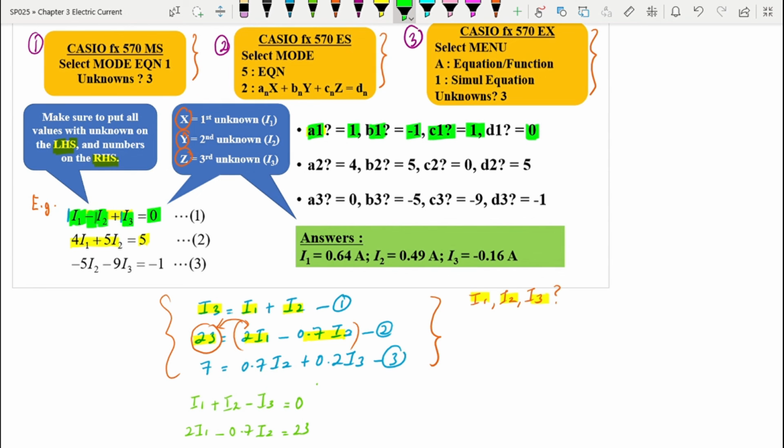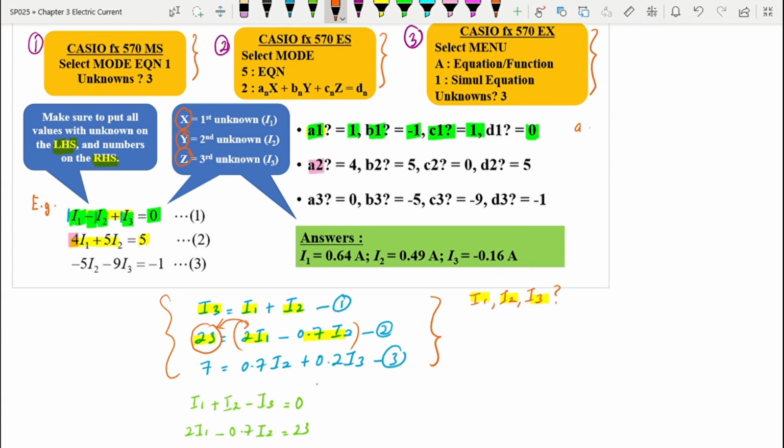Okey, so kita apply balik sama. A2, A merujuk kepada unknown yang pertama iaitu I1. Okey, tetapi 2 merujuk kepada equation yang kedua. Okey, so A2 berapa? Okey. So A ni actually X lah dalam kes ni. Okey.